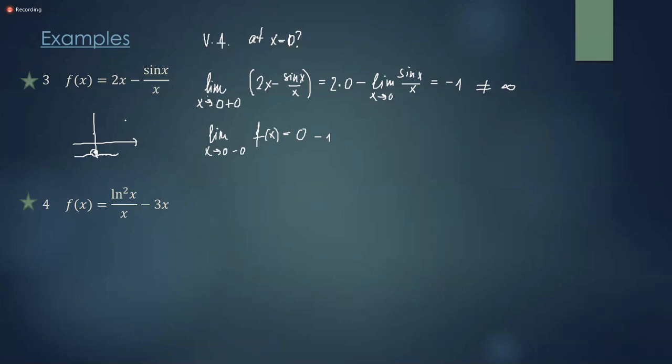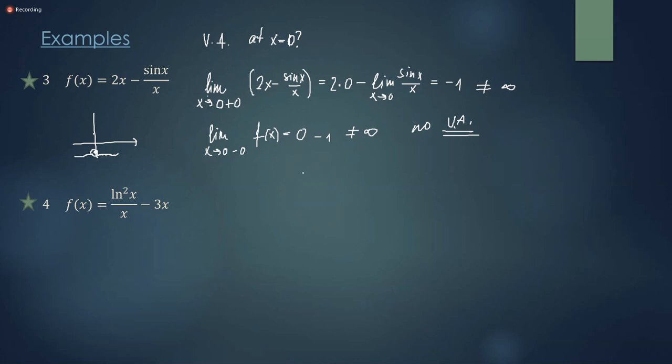So no vertical asymptote. Because when we check the limits, it's not type 2 discontinuity, it's type 1, removable, by the way.